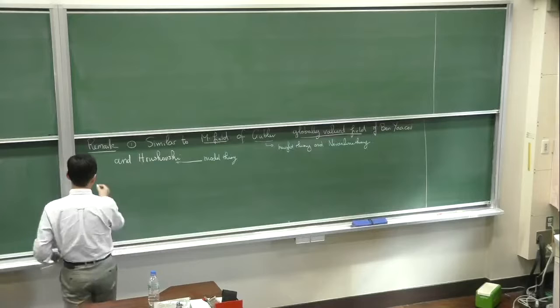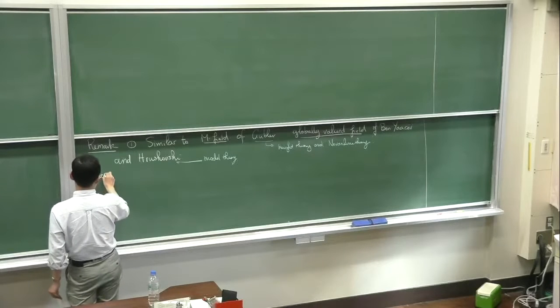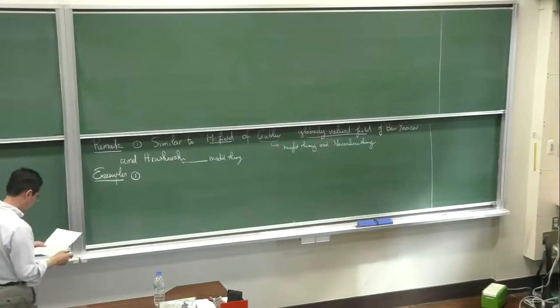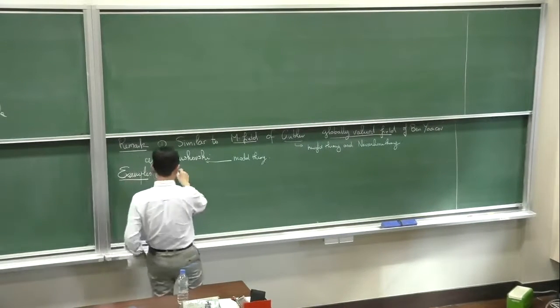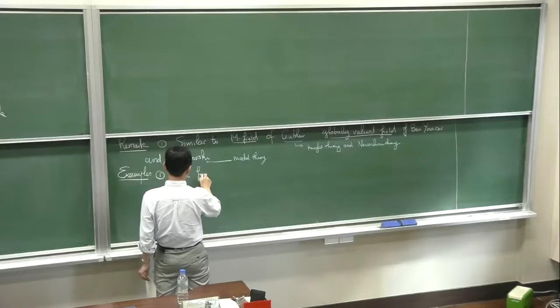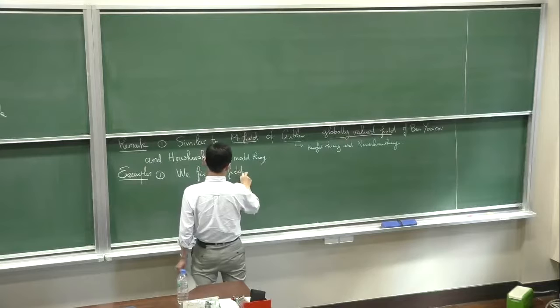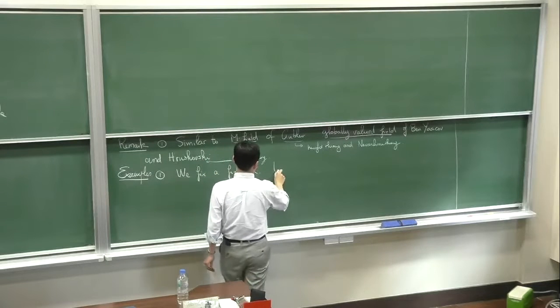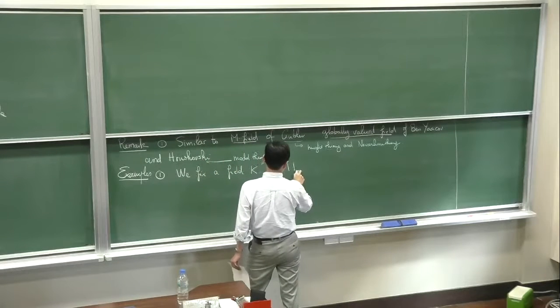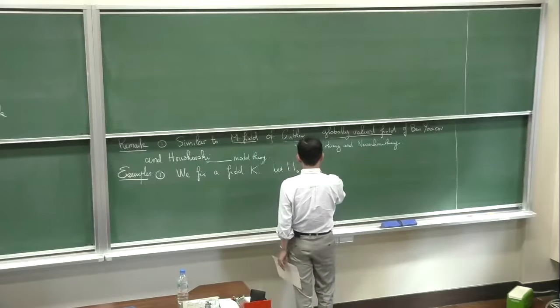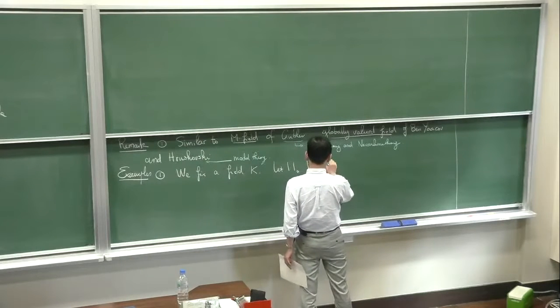The first example is that we fix a field K, and let the absolute value with index 0 be the trivial valuation.